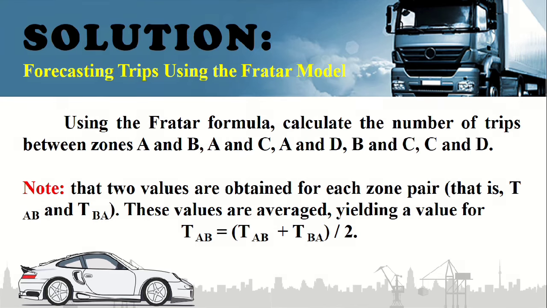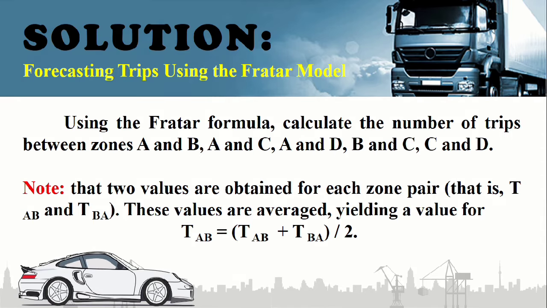So using the Fratar formula, we can calculate the number of trips between zones A and B, A and C, A and D, B and C, and C and D. So dito, kailangan natin i-note na two values are obtained for each zone pair, which is TAB and TBA.